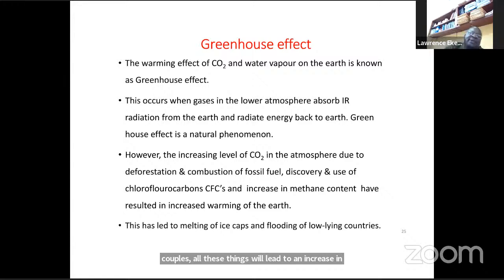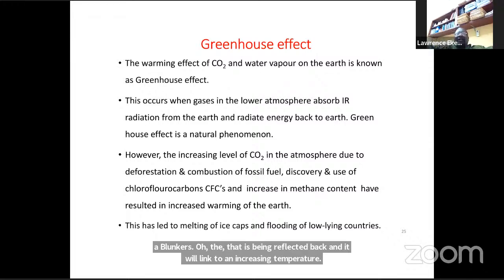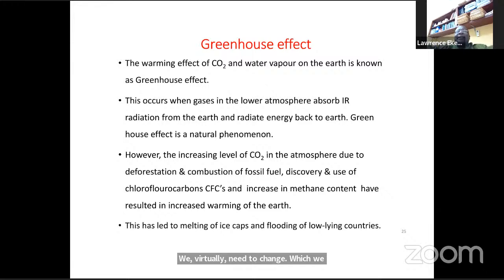And when there is an increase in the level of CO2 in the air, there will be an increase in temperature because the carbon dioxide will form a blanket on the radiation that is being reflected back, and it will eventually lead to what we call the climate change effects.